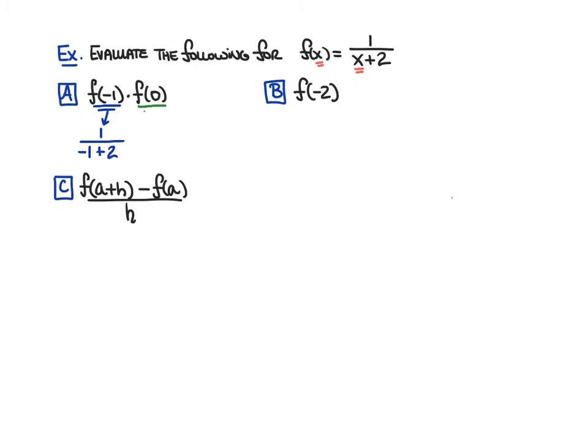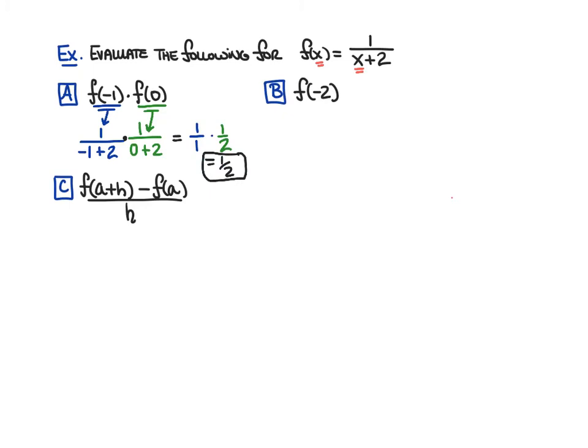And f of 0, you're going to take the function and you're going to put an input of 0 where x used to be. And these are multiplied together. So ultimately in blue, you'll get 1 over 1, and in green, you'll get 1 over 2. So the answer is just 1/2.